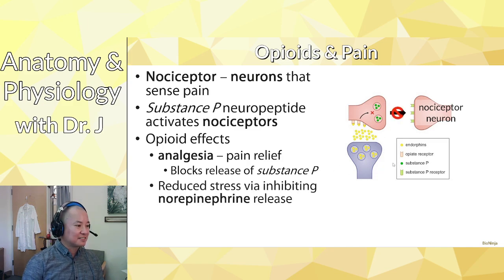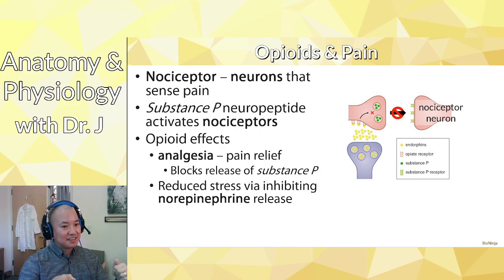Opioids can also reduce stress. It doesn't just pump the brakes on substance P; it also inhibits norepinephrine release. If you watched the norepinephrine lecture, you know that's the fight or flight system kicking in, with increased alertness and arousal. Instead of increasing your alertness, opioids block that signal, decreasing alertness and calming things down.